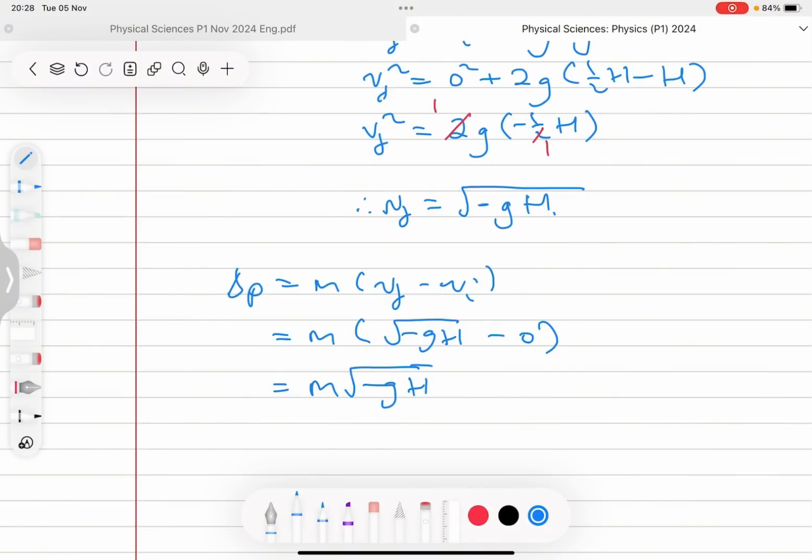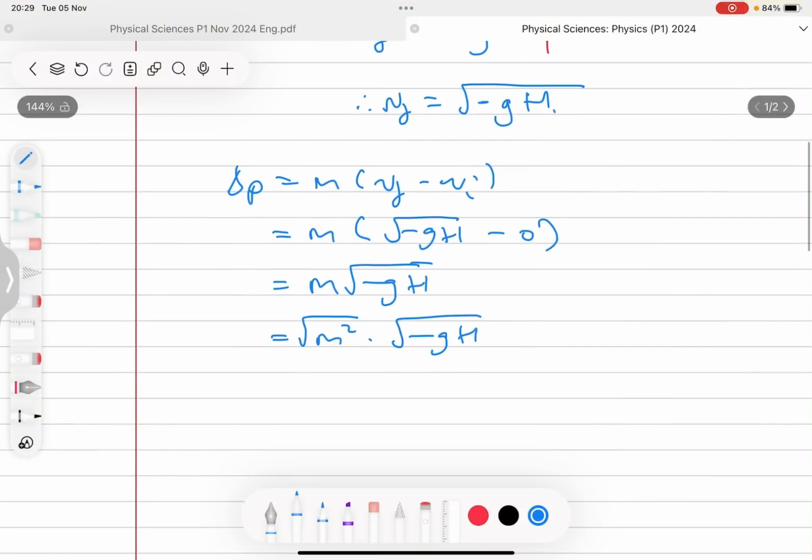Now I can rewrite this equation, or rather m, as m squared, the root of m squared, if I could put it that way, because this is exactly the same as that, right? If you take the root of this, it will give you m, right? So that I multiply here by negative g times h.